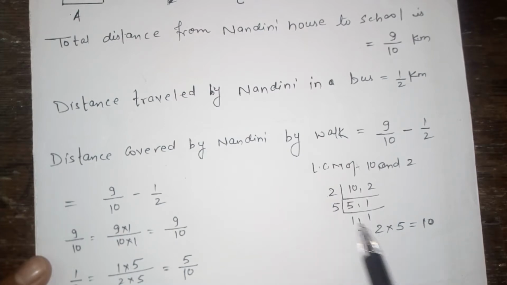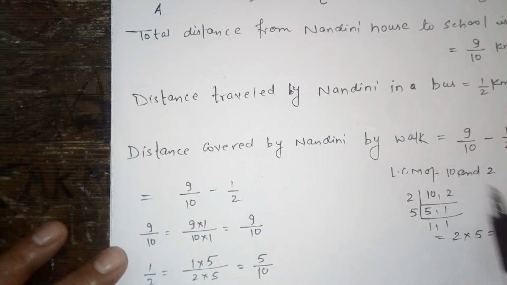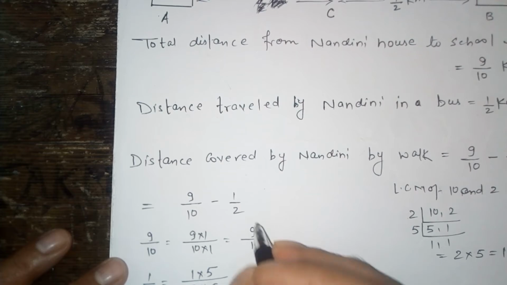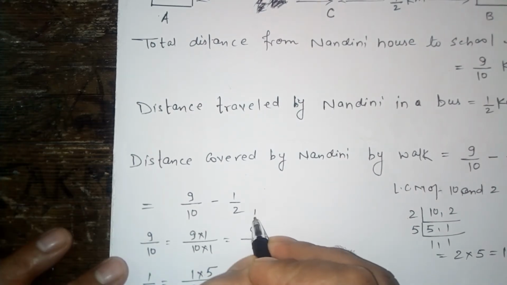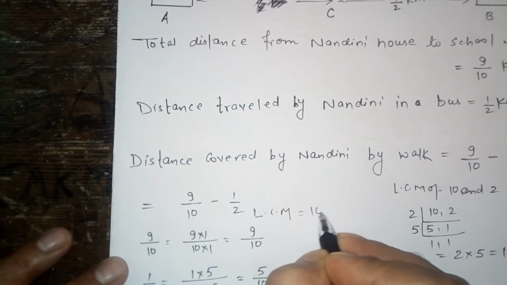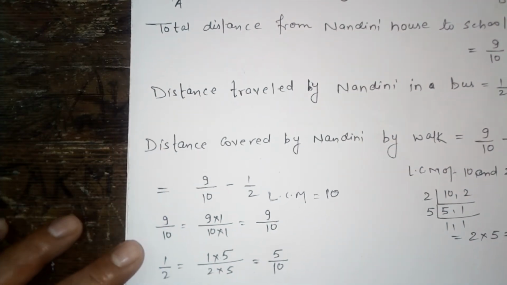Now LCM is 2 into 5 is equal to 10. My dear students, so the LCM of 10 and 2 is 10. Okay, now what will you do?